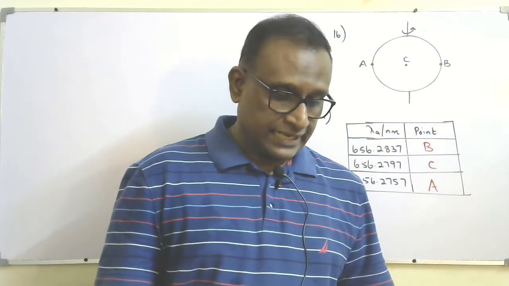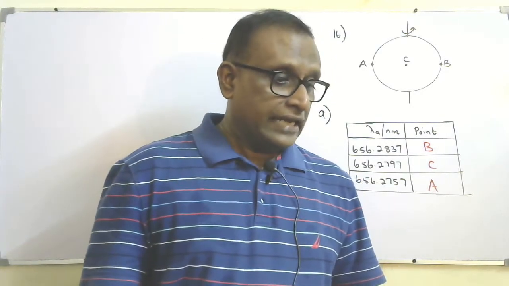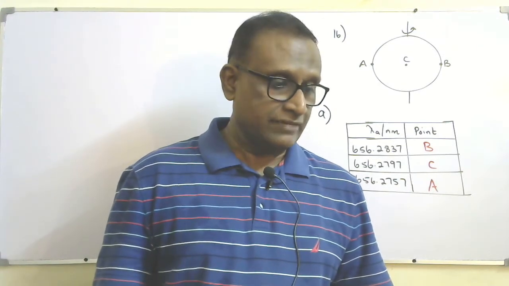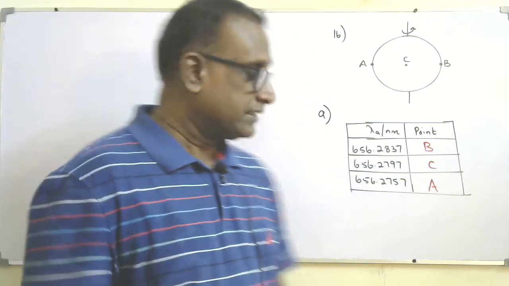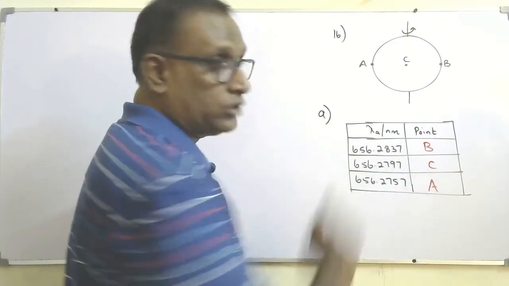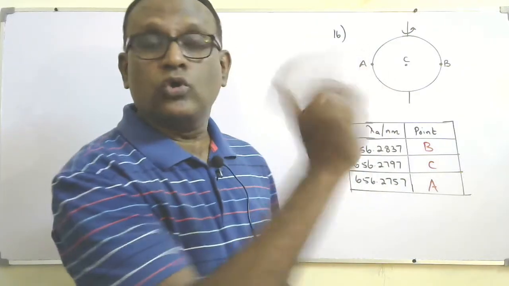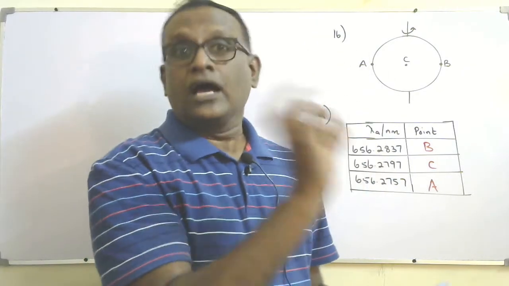Question number 16, C part. In the laboratory, the wavelength of the alpha line in the hydrogen spectrum is given as 656.2797. So you can see that point C, when we observe from Earth, has no relative motion due to spin.